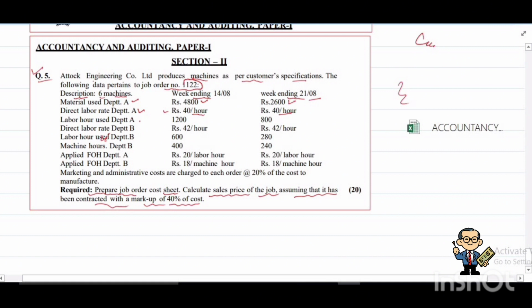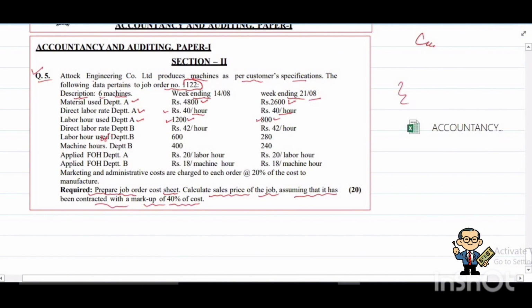Labor hours used by department A were 1200 and 800.